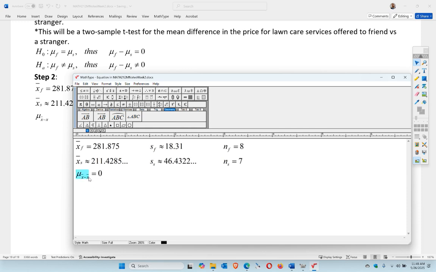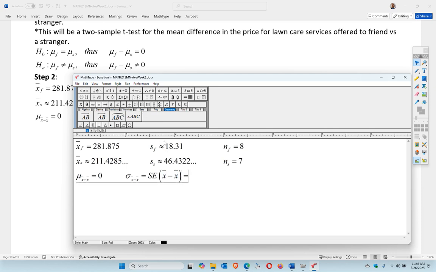Okay, so if I do the standard deviation, thus the standard error of the difference of the means. And you can do little subscripts if you want, right? Maybe we'll add them in after.